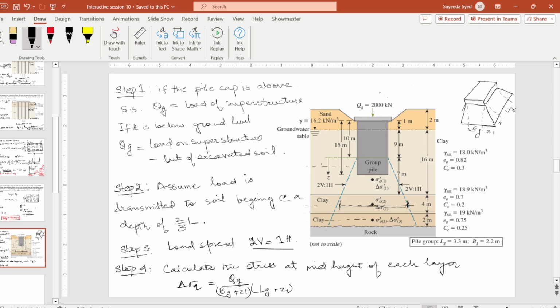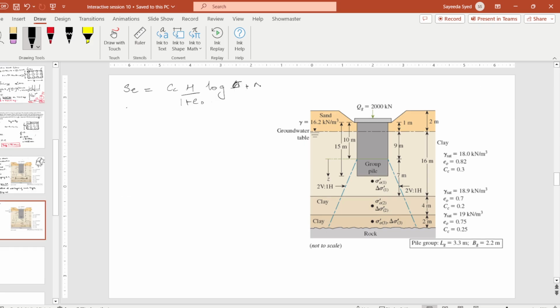We know that settlement is Cc H by 1 plus e naught log of sigma plus delta sigma over sigma. Here it is mentioned in the question that all the soils are normally consolidated.